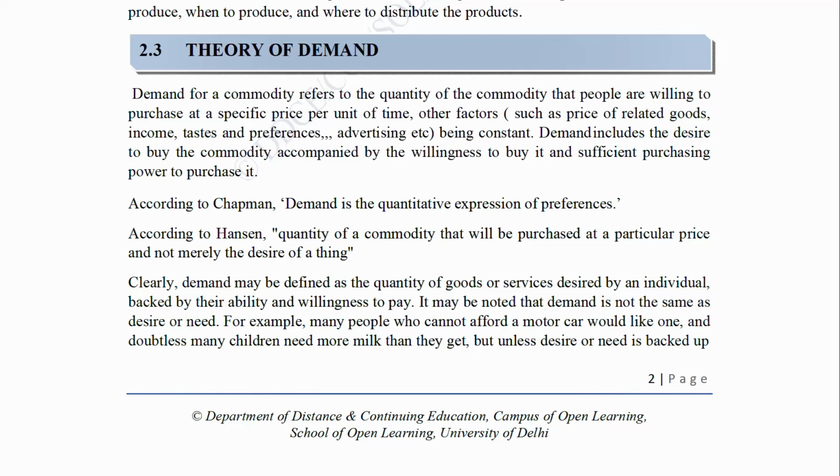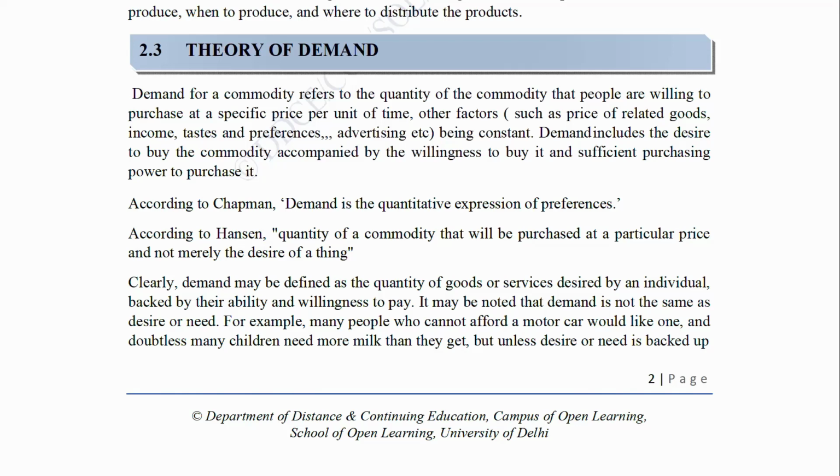According to Chapman, demand is the quantitative expression of preferences. According to Henson, it is the quantity of a commodity that will be purchased at a particular price and not merely the desire of a thing. Clearly, demand may be defined as the quantity of goods or services desired by an individual, backed by their ability and willingness to pay.